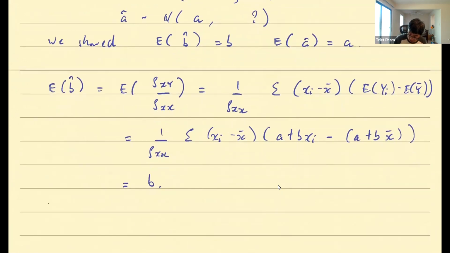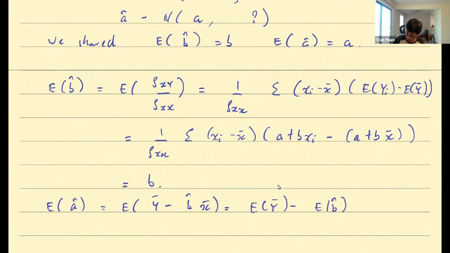What about A hat? Expectation of A hat, right, is expectation of Y bar, I guess let's put it in capital Y, minus B hat X bar. Whoops, X bar lowercase because it's deterministic, which is expectation of Y bar minus expectation of B hat, right, X bar. So again, you see, being able to distinguish what's random and what's not is the first thing we need, right, to be able to work on this.